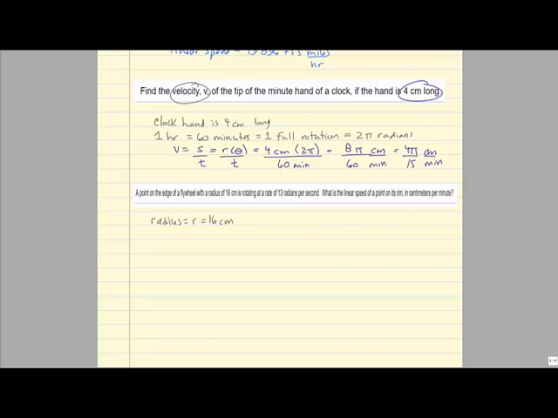So we know our formula for linear speed, it's right here, is velocity. Velocity is equal to s over t. S is arc length. So this is given by r theta over t. So V equals r theta over t. R in this case is 16 centimeters. Theta in this case, they give us this.